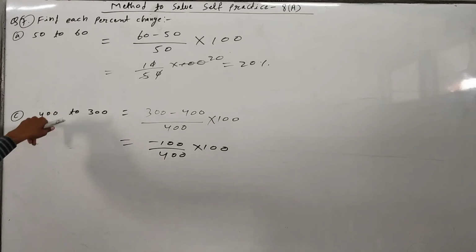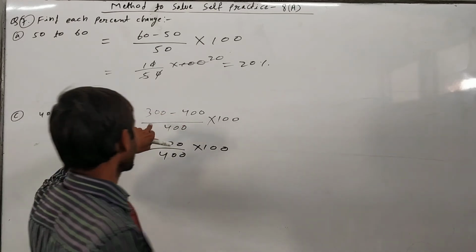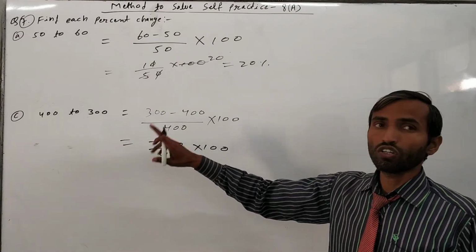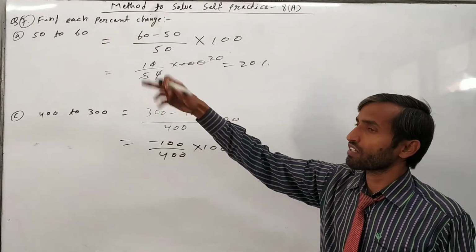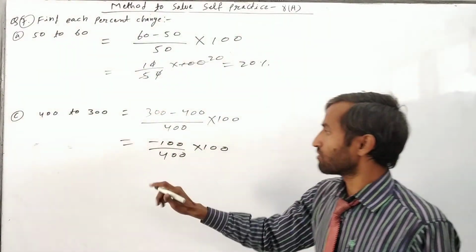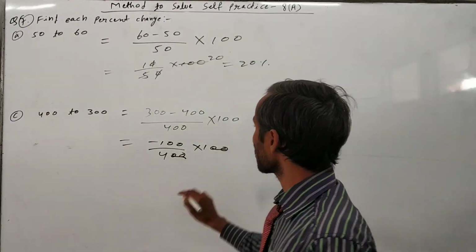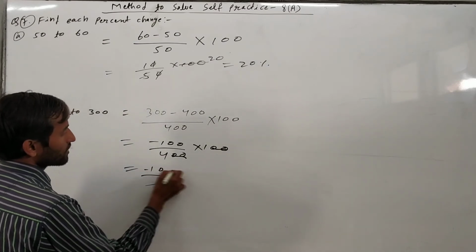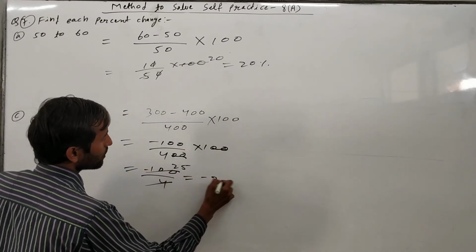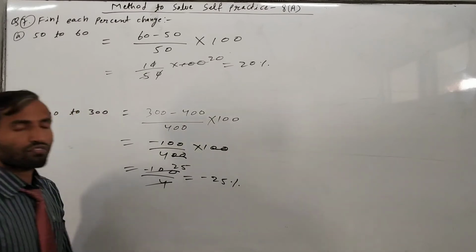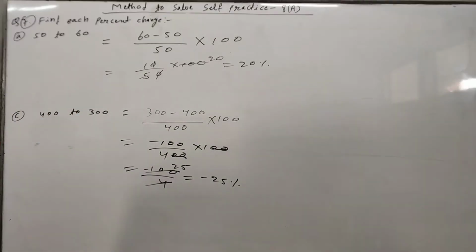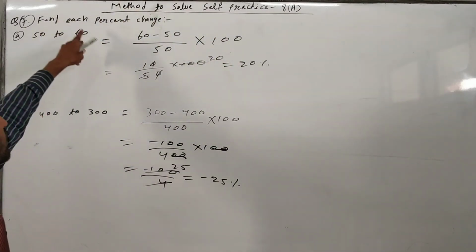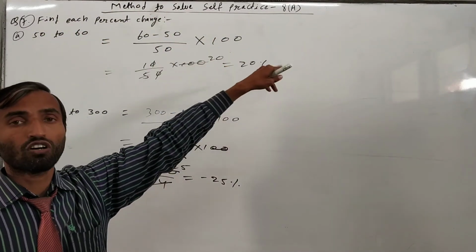So previous is greater, now it is less, so minus will come here. There is no problem with minus. So minus 100 upon 4. Now we can cancel by 25. It means minus 25%, means 25% it has decreased. So the decreased value is 25% and here the increased value is 20% because the plus sign is there.